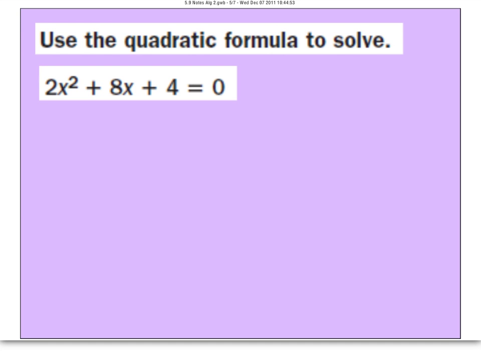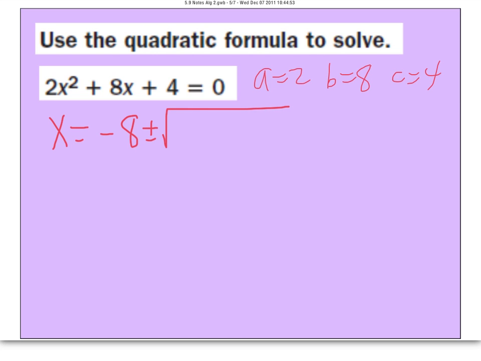Okay, let's look at this one and see what we get. So here a is 2, b is 8, c is 4. Let's put that in the quadratic formula. So x equals negative b plus or minus the square root of b squared minus 4ac, all over 2a.